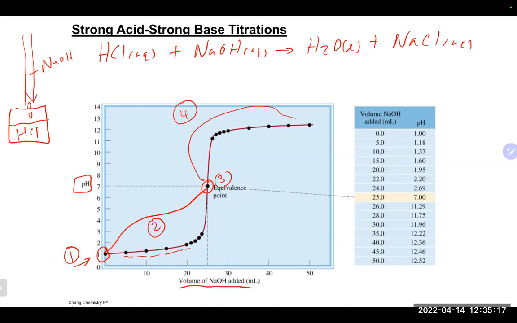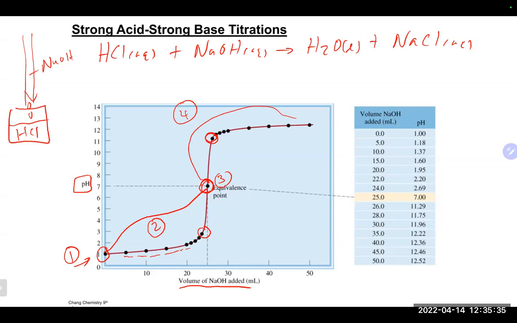And in most cases, what you see is what we see here: a pretty big jump to the equivalence point in terms of the pH. And then, as we'll talk about, you see another jump in pH after the equivalence point.